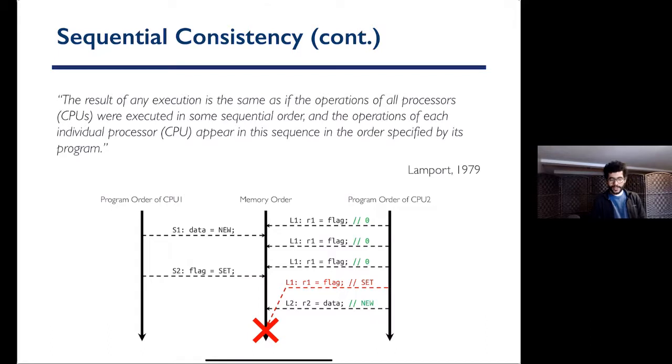Sequential consistency is probably what you thought your system does. Basically, the code that you write is the code that executes. Unfortunately, that's not the case. The reason is that implementing sequential consistency and making sure that instructions execute in the same order that the programmer wants has a performance cost, and we want higher performance.